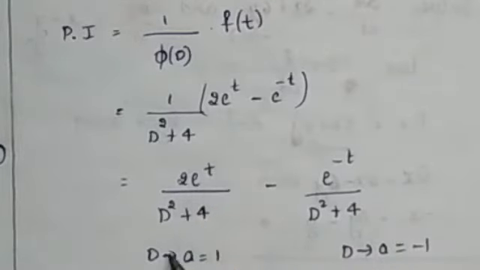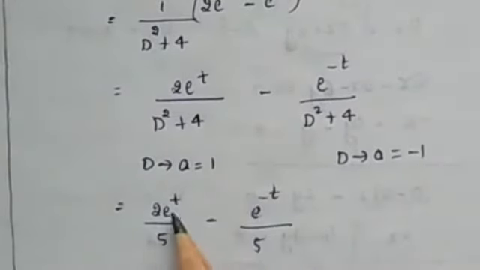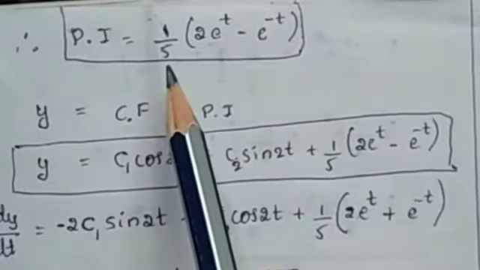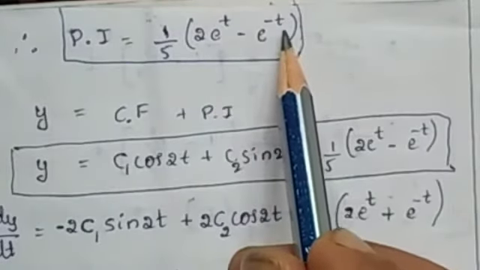You replace D by a value: in this case D is replaced by 1, and in this case D is replaced by -1. After replacing you get 2e^t by 5 minus e^(-t) by 5. The particular integral is 1/5 (2e^t - e^(-t)).